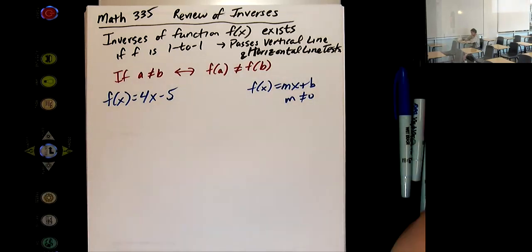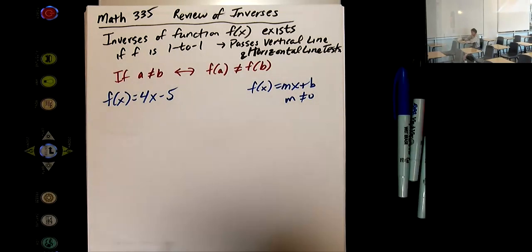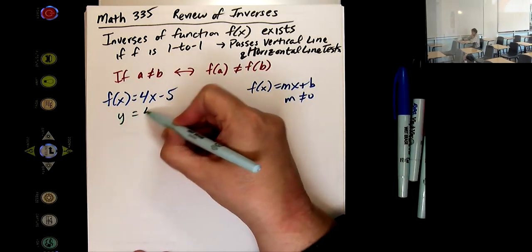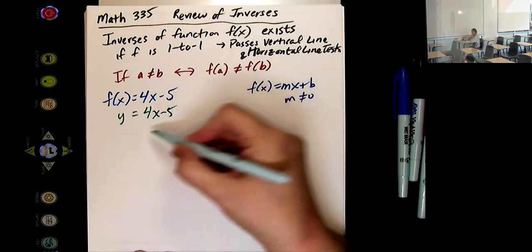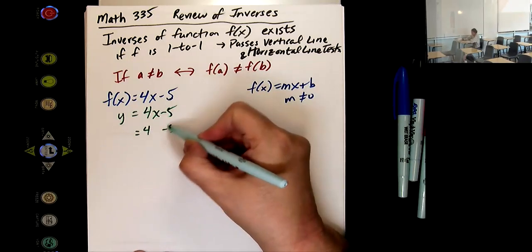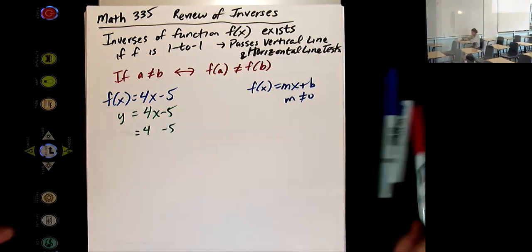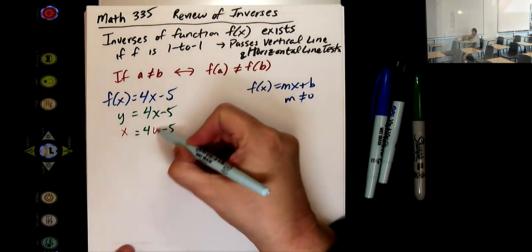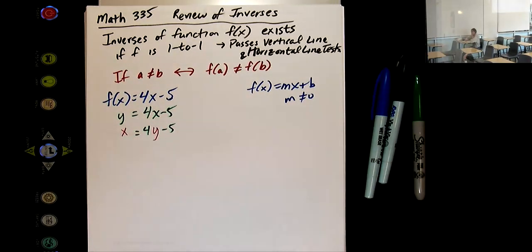And the way we find the inverse is we say this equals y. And then we do the swap-a-roo. We put x's where y's are and y's where x's are. That sounds weird.